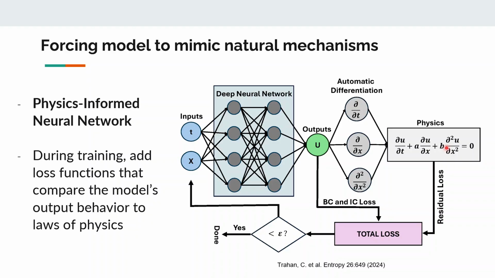In some cases, especially in physics, when we want the model to predict or generate certain types of data, it must conform to the laws of nature. You shouldn't allow the model to predict something that violates the laws of physics.